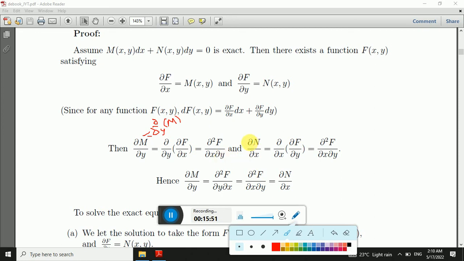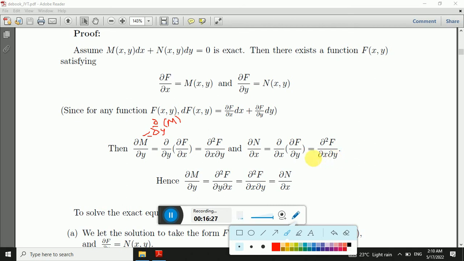Then we do the same for the partial derivative of N with respect to x, because you want to find out whether this partial derivative and this are equal. So how will you define this? This will be the same as partial over partial x into brackets N, which is partial f over partial y. And when you expand this, you get partial squared f over partial x partial y.